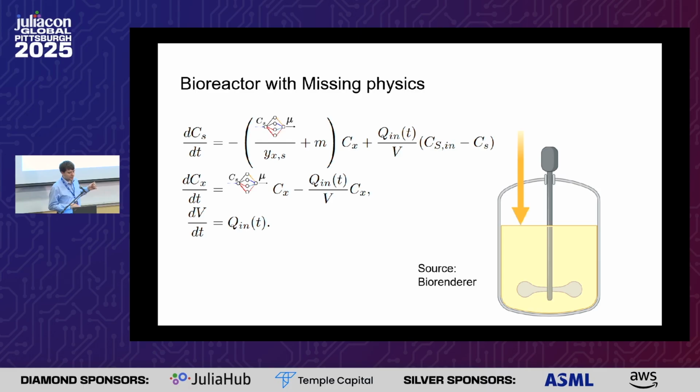Sorry, so let's go back. When you pump more, so the term right there. Sorry, I have the mouse for a reason. So when we pump more substrate, we're going to decrease the concentration, because it's going to get diluted.